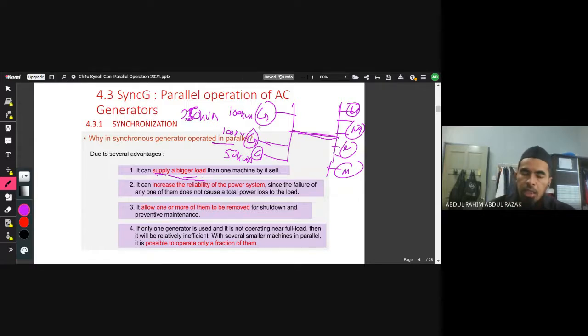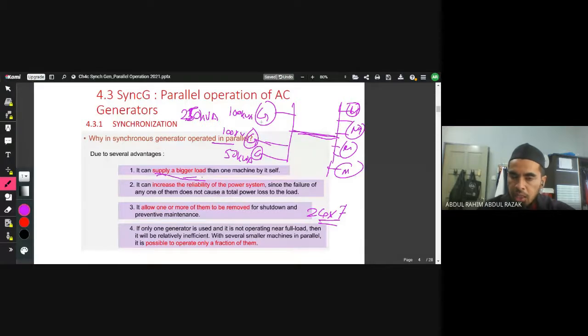When we focus on generators in industry, a big generator like this will work 24/7, 24 hours, 7 days per week. So sometimes we have to perform periodic maintenance and servicing on the generator.